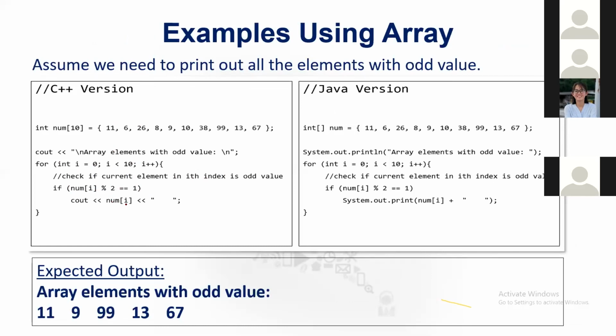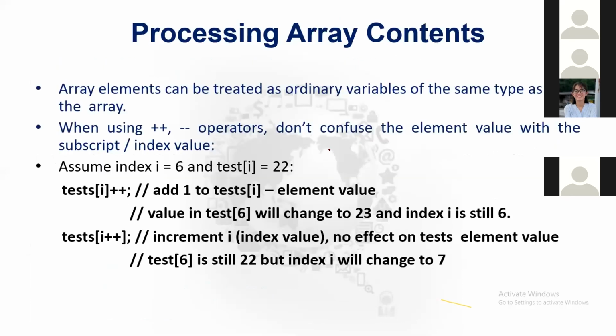So remember array, looping, and also the index. Don't confuse the elements with the index value. Let's say you're doing something like tests, and you are extracting the value of tests.